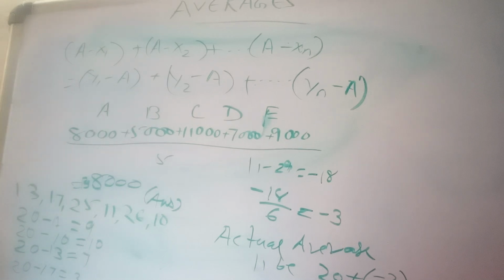Now, weighted average. When the average of groups or sets, instead of individuals, having different number of elements is being calculated, then it is called the weighted average.